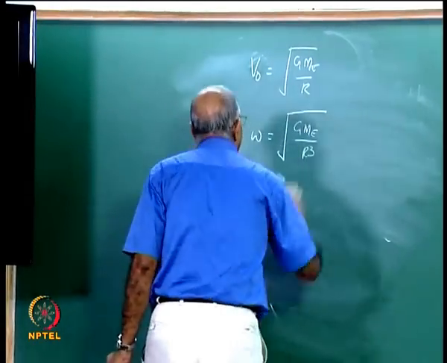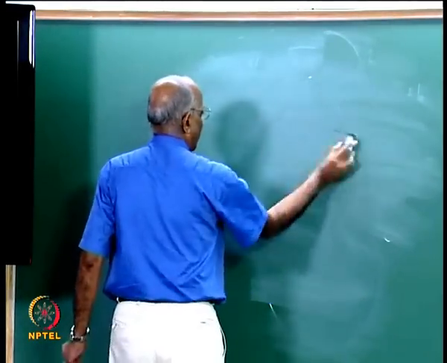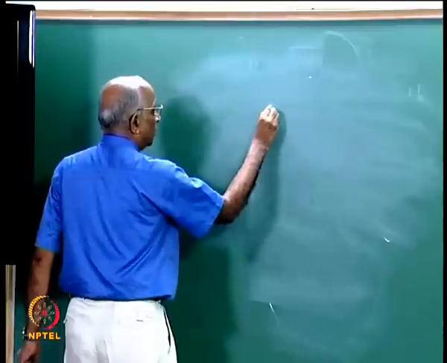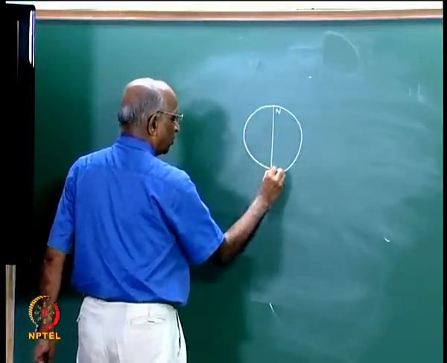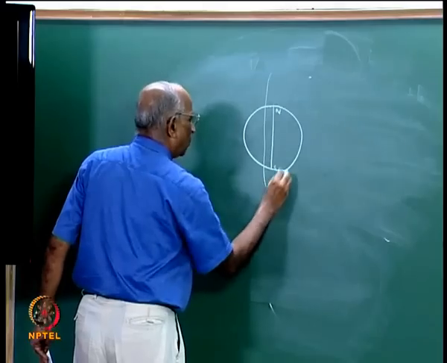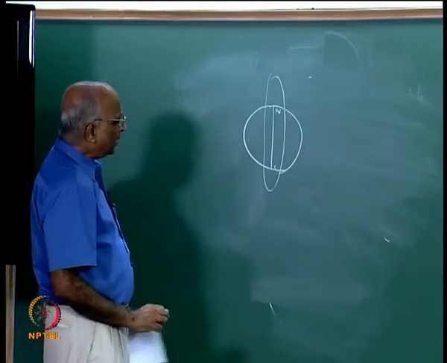Let's see if we can have a satellite which goes from north to south. That means this is the earth, maybe the north pole and the south pole. The satellite could go round from north to south, and there is one advantage.